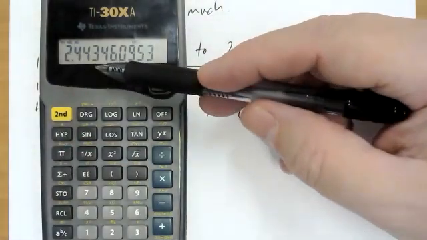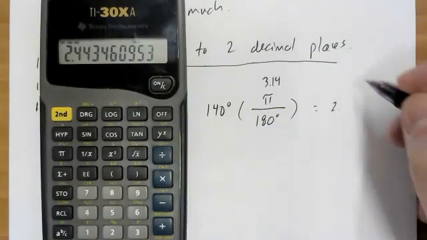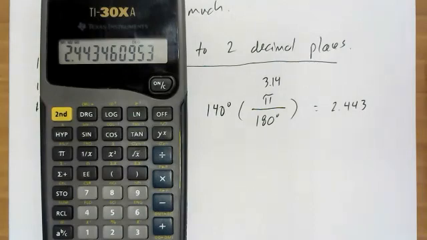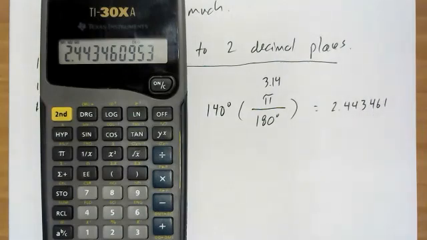Now you see it's a bunch of decimal places. So what I'm going to do, I'm going to write a bunch of these decimal places out. 2.433, maybe just go this much, 461. Here's what the student did, which is not a bad thing at all.